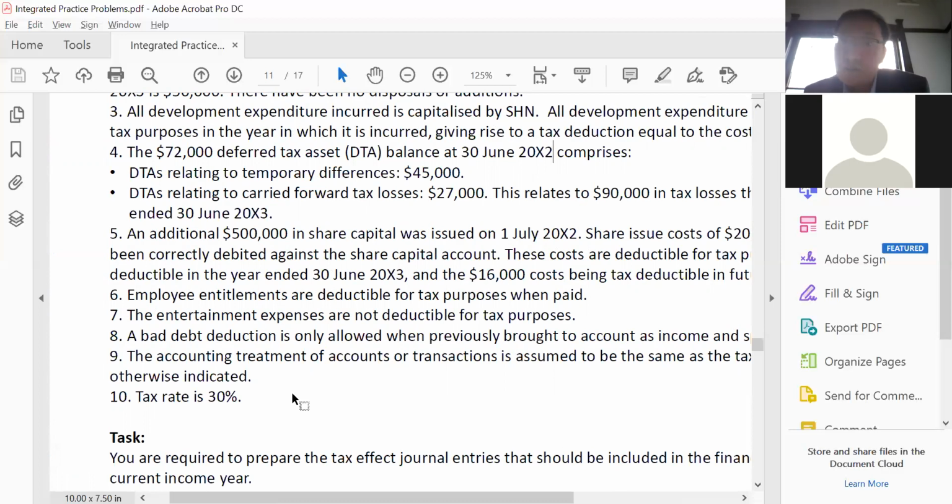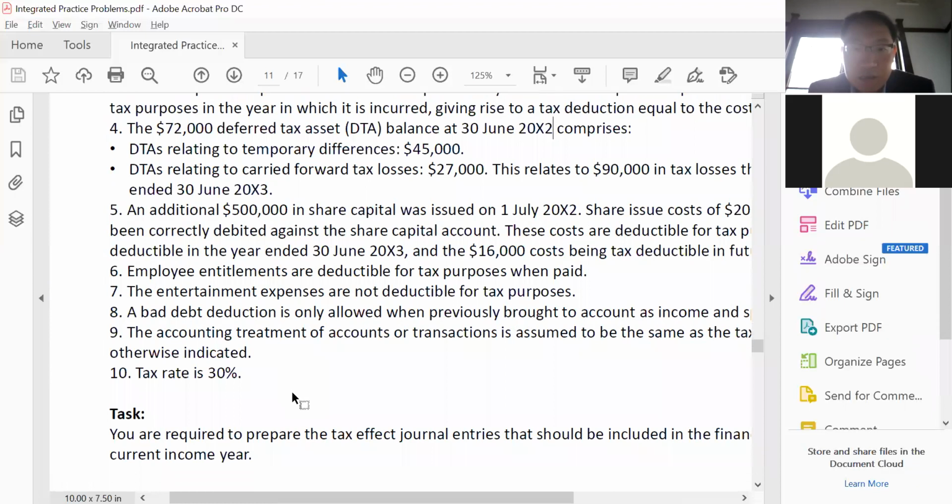So again, this is a really big question. It is, as you can see, quite complex. And so the approach that we're going to take is to break this down into each component. Now, the tax effect journal entries, really, if you think about what we covered last week, was that income tax expense is a combination of both current tax expense and deferred tax expense.